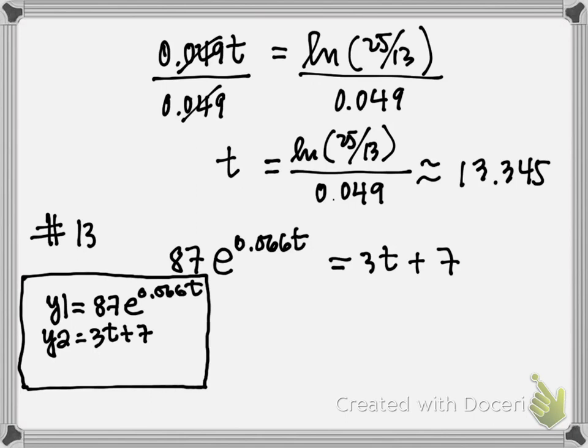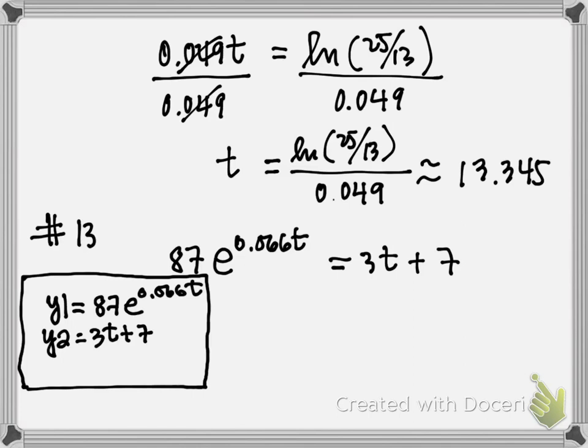Now, as I said when I introduced the graphing, you have to play around with the window, because not having the right window will result in you not looking at the correct graph.